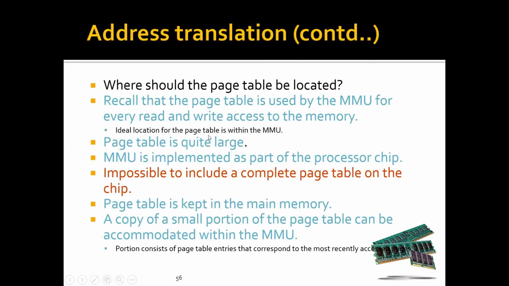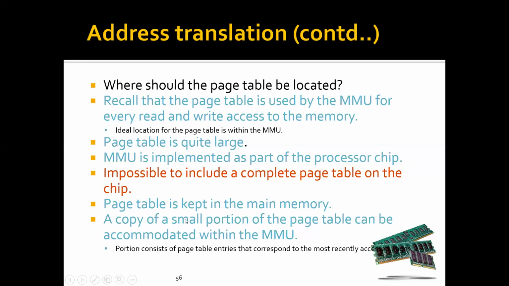In many cases the MMU is part of the processor chip, and the page table is quite large. So it is impossible to include the complete page table on the chip, and it is usually kept in the main memory.